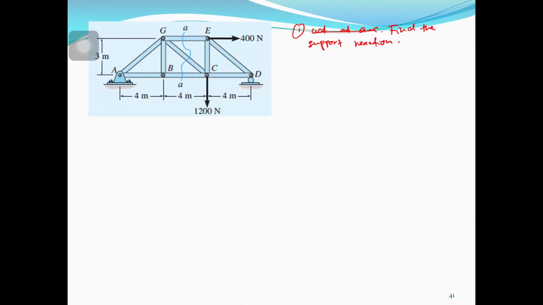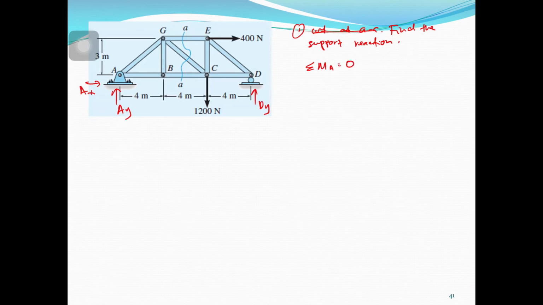Here you have AY and AX. Here you have DY. This is a roller, so only one unknown. So moment at A is equal to 0.